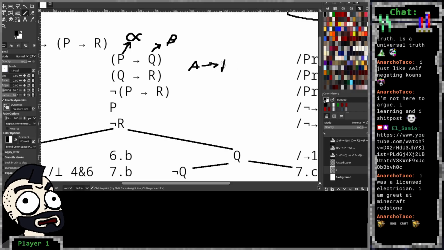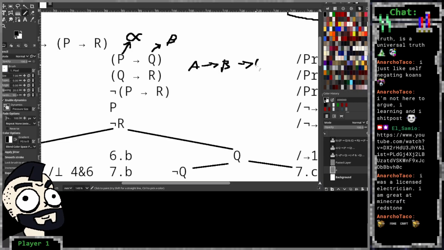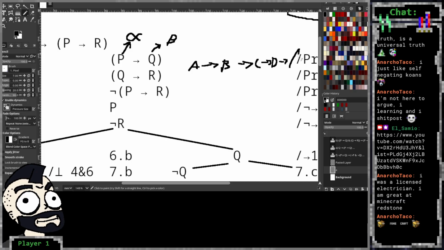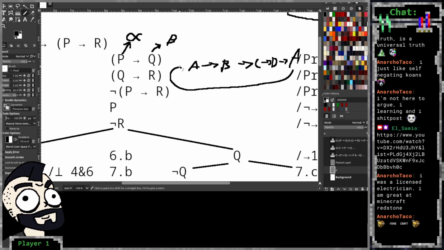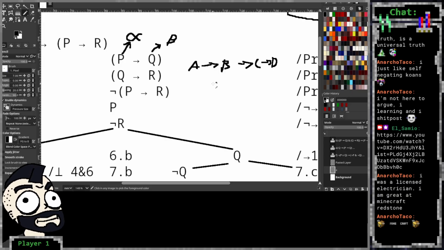A implies B implies C implies D implies A, means that you loop back. And so, you get a cycle.